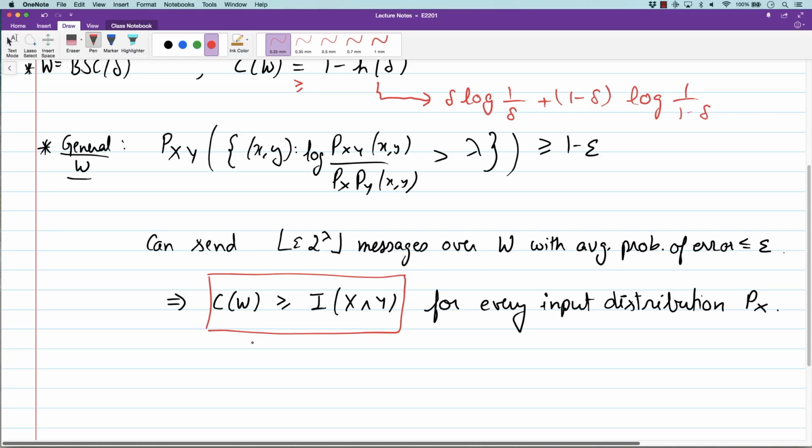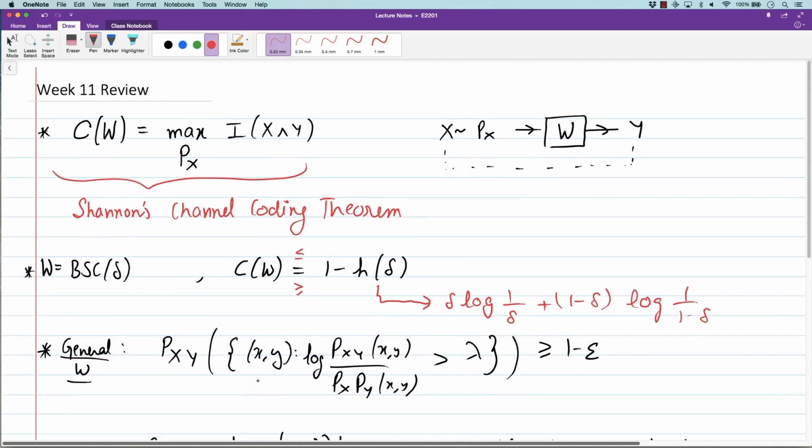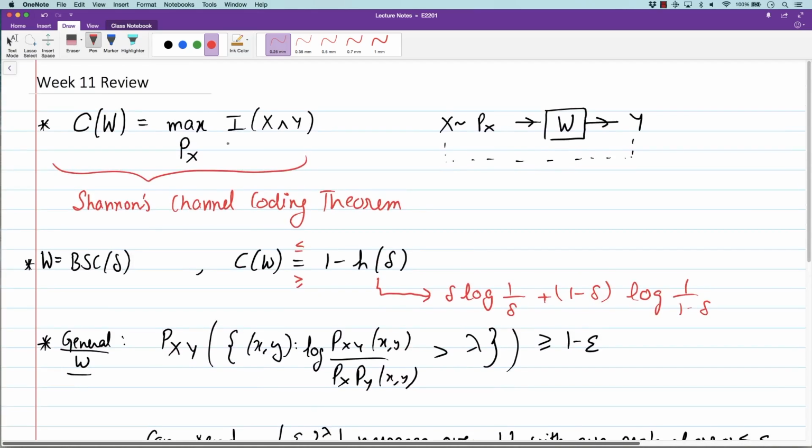So the upshot till now is that capacity is the maximum mutual information over all input distributions, and we have already shown the existence of a scheme that achieves capacity. In the first lecture for this week, we will show that no scheme, no matter what you do, can beat this optimal rate, max over Px of I(X;Y).